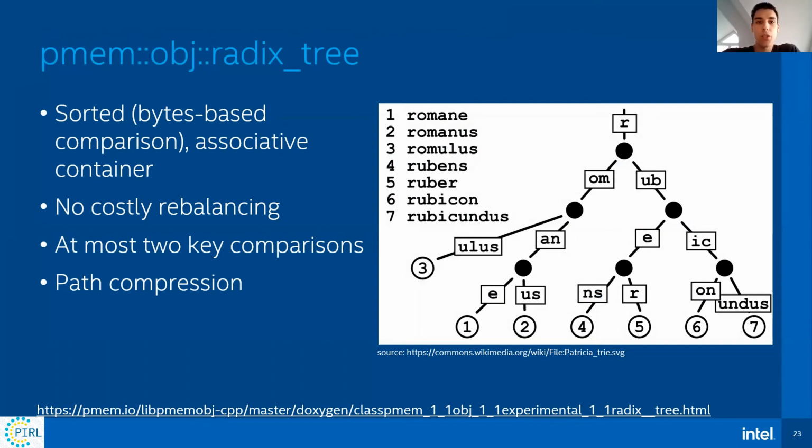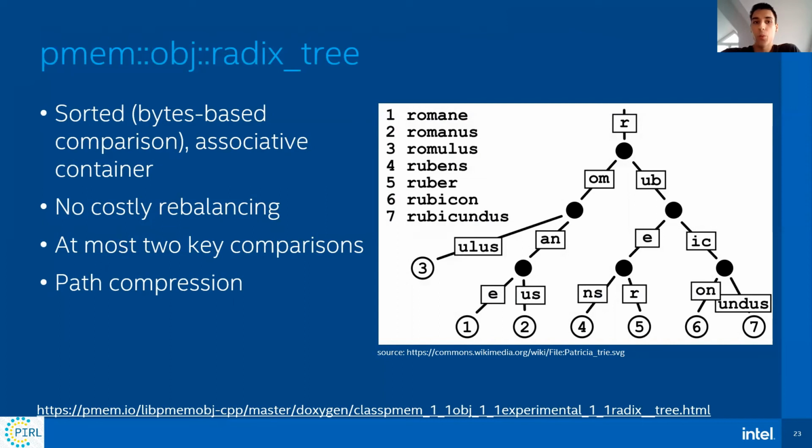And the important characteristic of RadixTree is that there is no rebalancing. In some cases, when there is path compression, we might need to split an edge. But even in that case, this is only one extra allocation and one extra pointer swap. So this is not as costly as rebalancing in B-tree or binary trees.